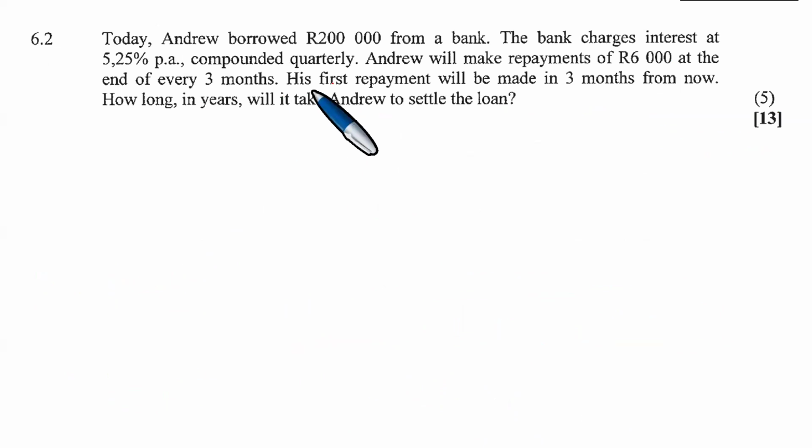Today, Andrew borrowed 200,000 from a bank. This question is about Andrew. The bank charges interest at 5.25% per annum, compounded quarterly. Andrew will make repayments of 6,000 at the end of every 3 months.